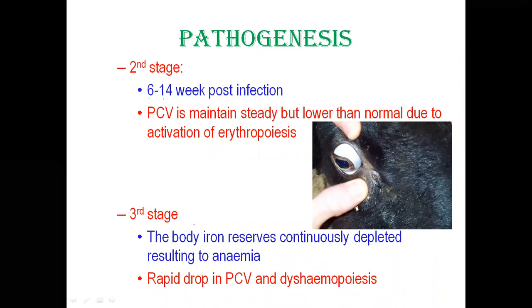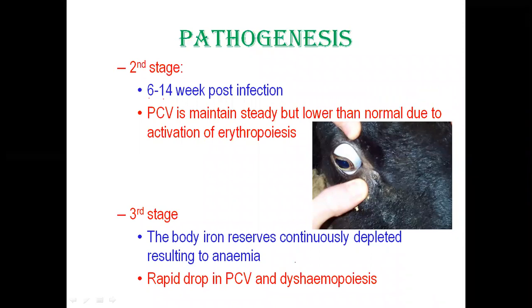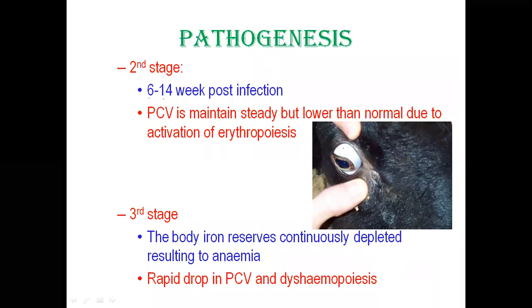In the third stage, when the iron reserve of the body is continuously depleted, it ultimately results in anemic conditions. There will be a further drop in the PCV, and there will be hemopoiesis. The mucous membrane, instead of reddish or pinkish in color, will be bleached, it will be white.